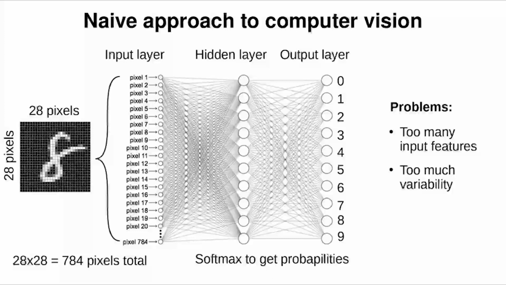Furthermore, for color images, we need to consider three intensities for each pixel that correspond to the three color channels red, green, and blue. Therefore, the number of input features for larger images quickly becomes very large. For a relatively small 600 by 600 pixel color image, there would be over a million input features.